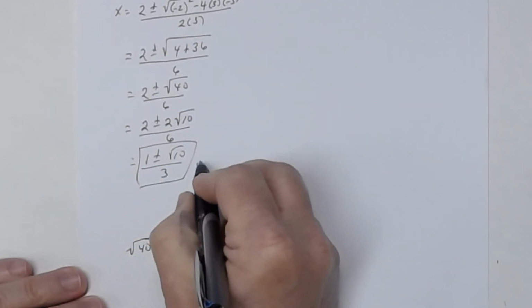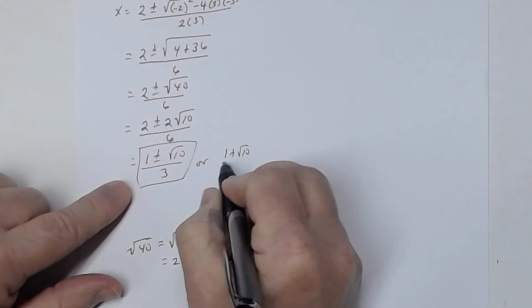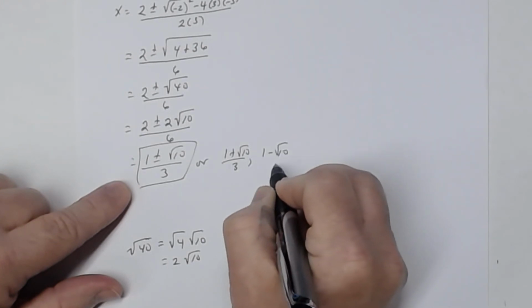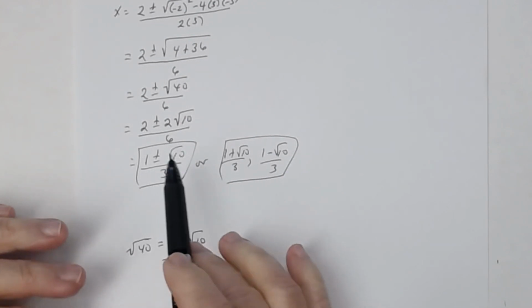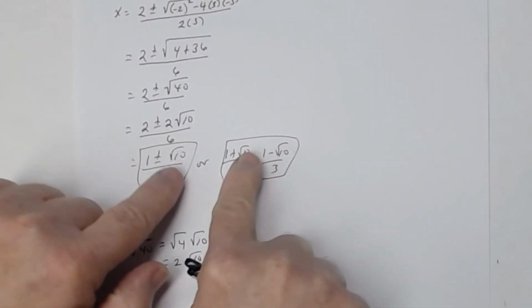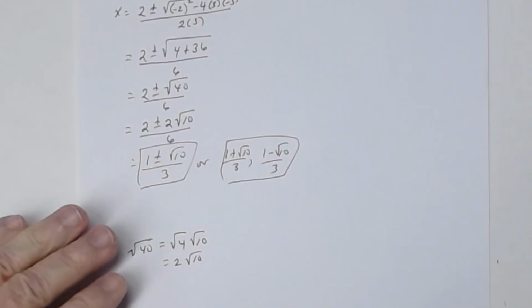You could say 1 plus the square root of 10 divided by 3, and the other is 1 minus the square root of 10 divided by 3. So there are multiple ways of writing this, but in particular, it had to be equivalent to what you see here. Okay? All right, so that was number 1.